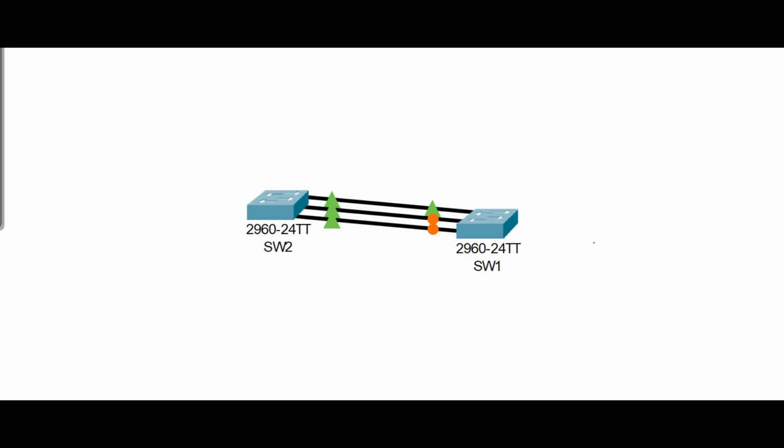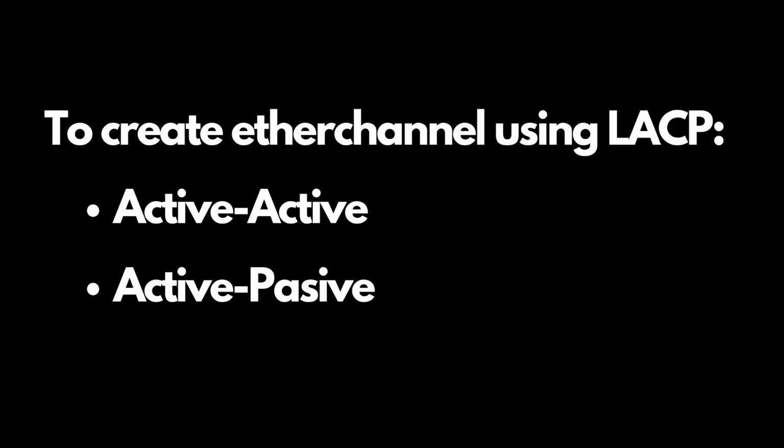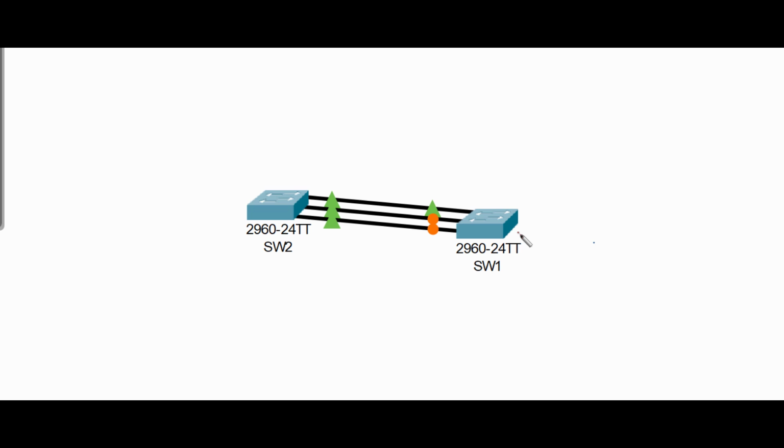The next way of doing a dynamic configuration is LACP. For those options you have active and passive. Active is the one that initiates the EtherChannel configuration, and passive is the one that just waits for the other side to initiate.